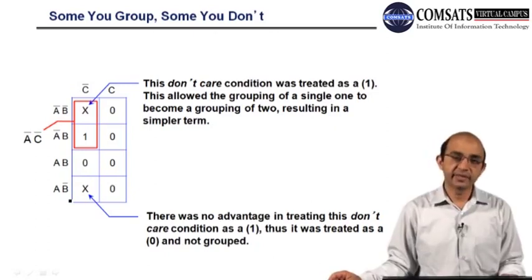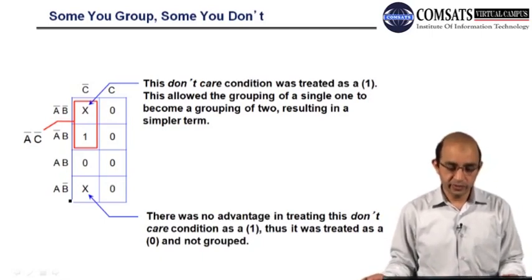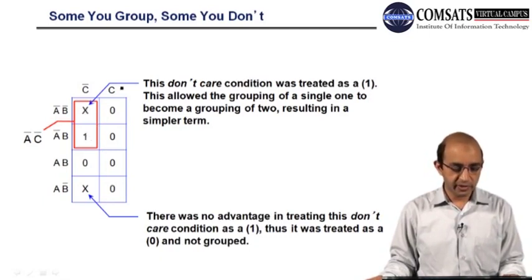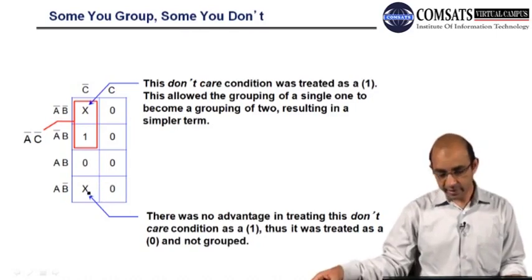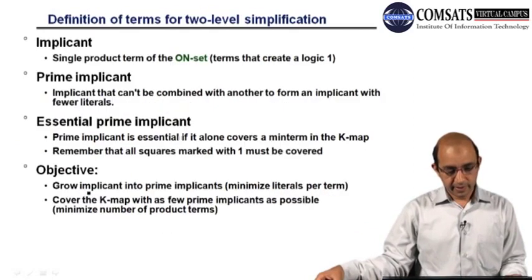Over here you have grouped this one with this don't care condition and got this simplification, and this X you have not grouped with any other box, because we have 0, so we have taken this X as 0.